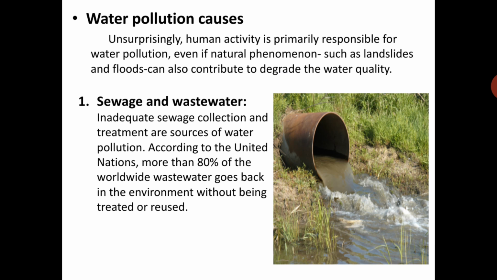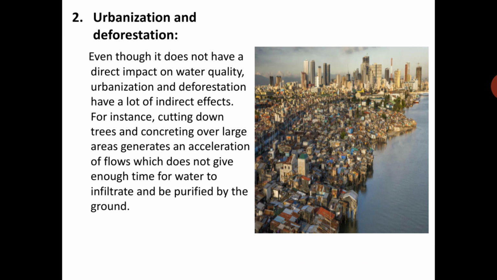Inadequate sewage collection and treatment are sources of water pollution. According to the United Nations, more than 80% of the worldwide wastewater goes back into the environment without being treated or reused. Right.